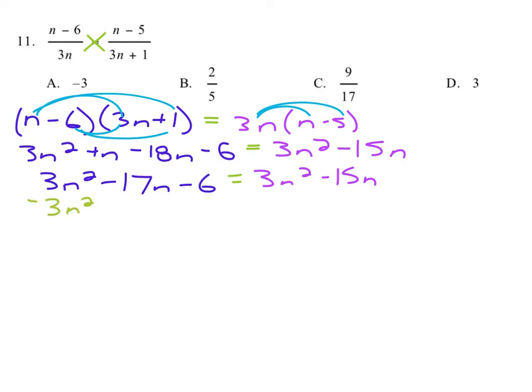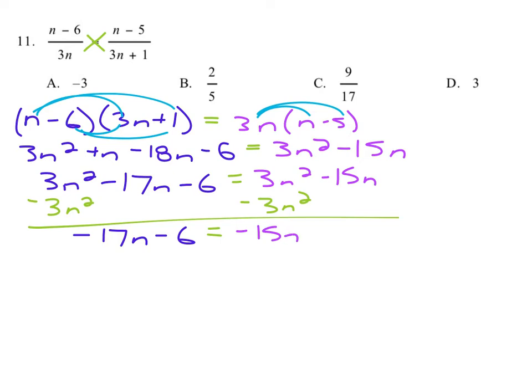So let's subtract 3n squared from both sides, and magically the squared term, not magically, mathematically, it goes away, and we are left with negative 17n minus 6 equals negative 15n. Yep. And that's just a way easier looking problem, right? It started out looking very intimidating. No problem at all.